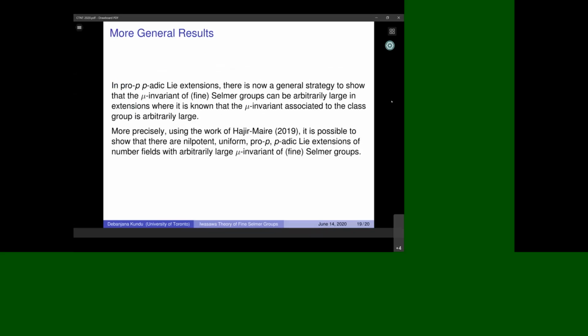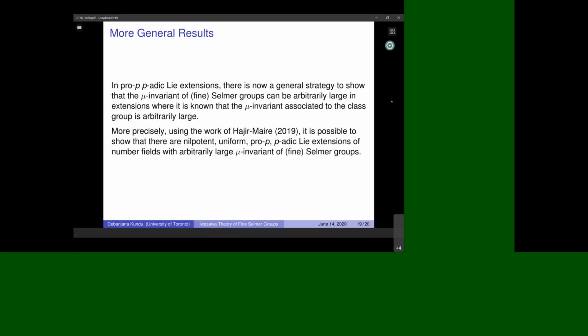I'll not go into the details, but if you can come up with a pro-p-adic Lie extension of a number field where you can show that the mu invariant is arbitrarily large, then now there's a general strategy to show that the mu invariant of the fine Selmer group can be arbitrarily large. The definition of the mu invariant is slightly different from what I've given before.